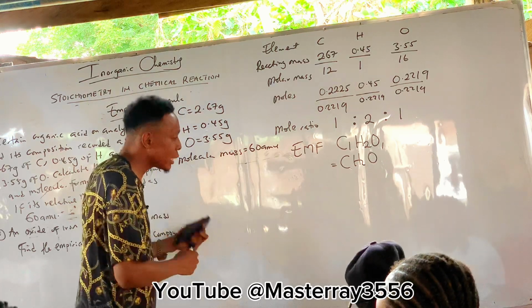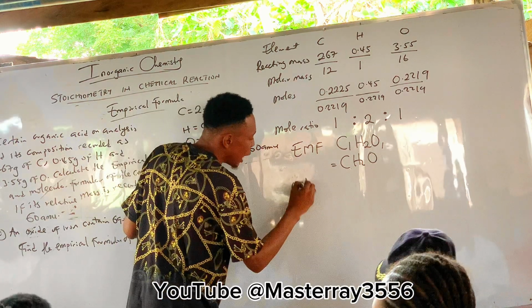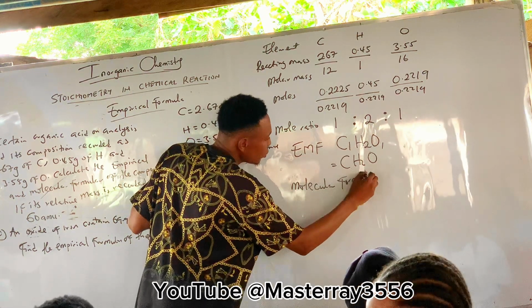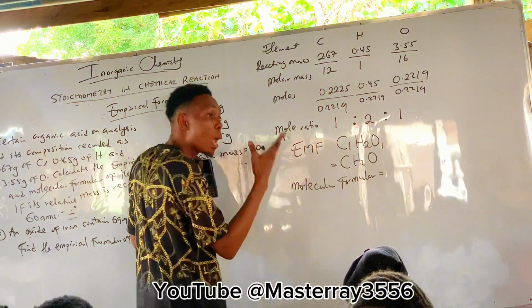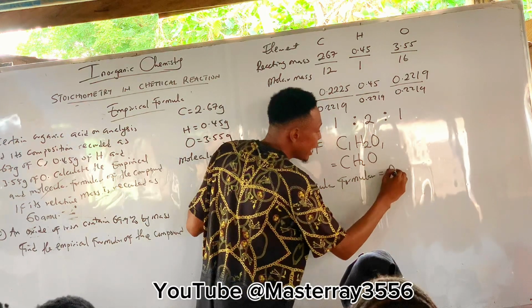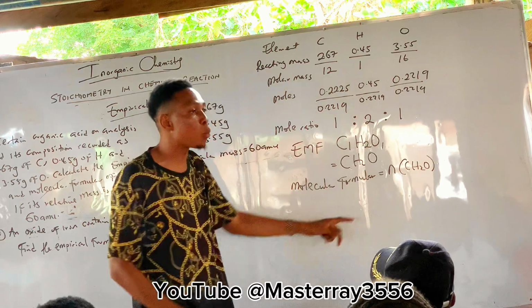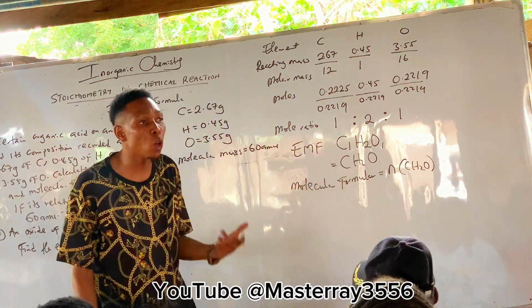Now that you've gotten this, you are asked to look for the molecular formula, right? And our molecular formula is a multiple of your empirical formula, like n bracket CH2O. But the issue is we don't have n. We have to look for n.